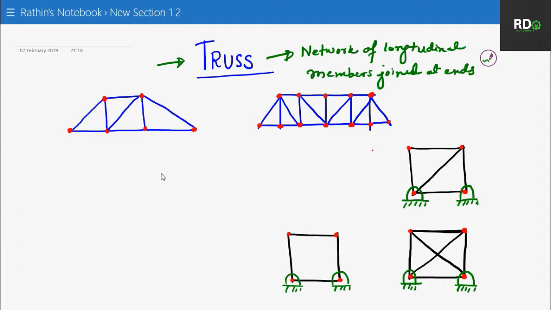So what do you mean by truss? Truss is a network of longitudinal members joined at ends.